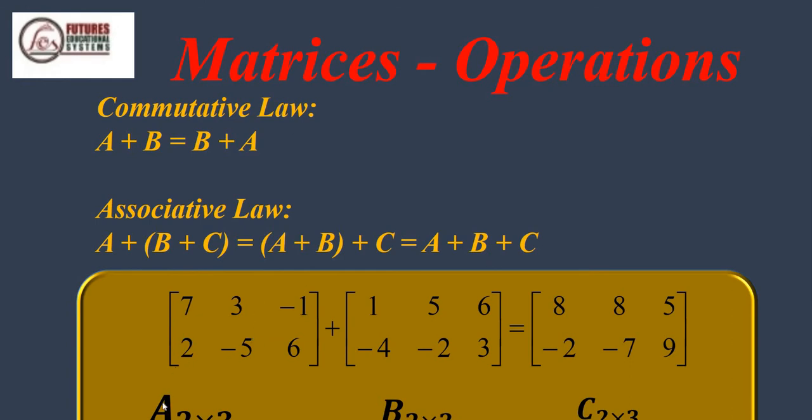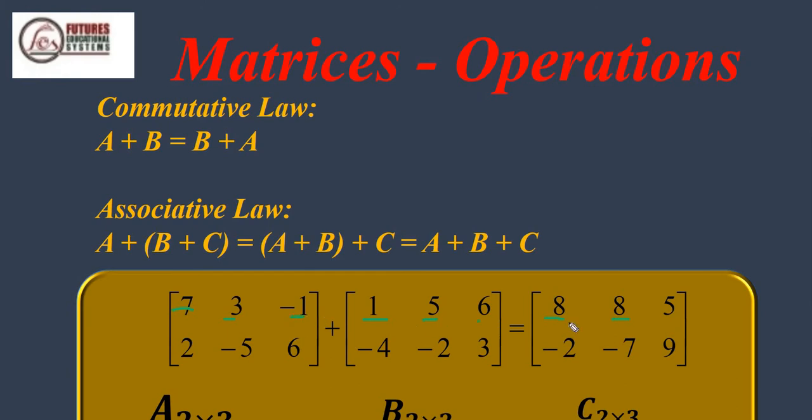Look at this example. Matrix A is of order 2 by 3 and matrix B is of order 2 by 3 also, so the result matrix C is of order 2 by 3. Let's add: 7 plus 1 equals 8. 3 plus 5 equals 8, respectively.